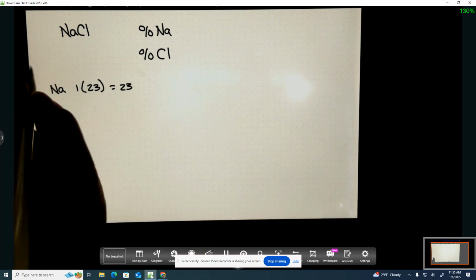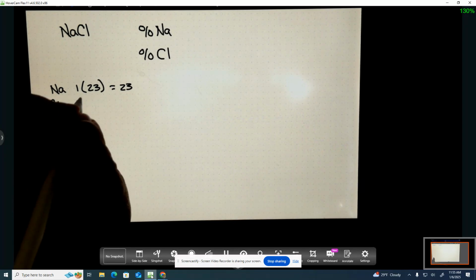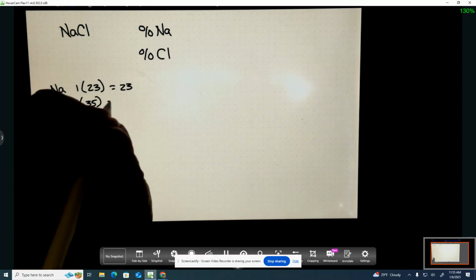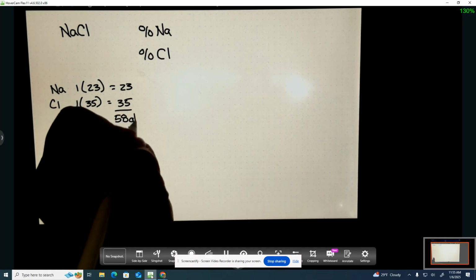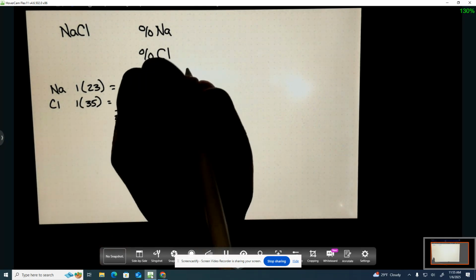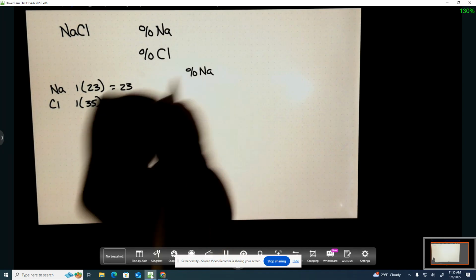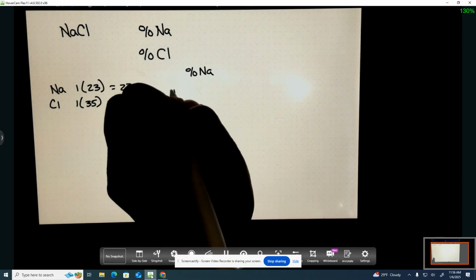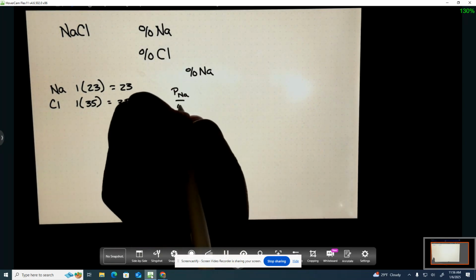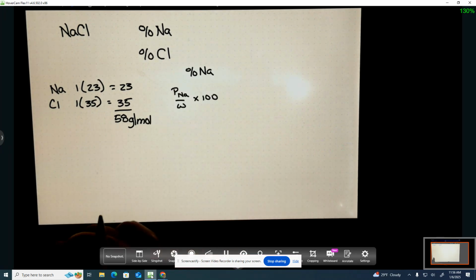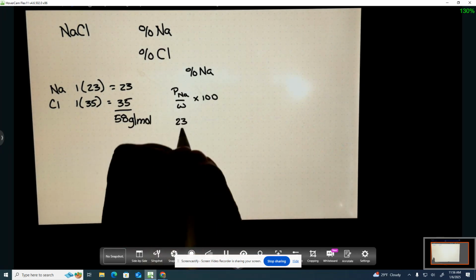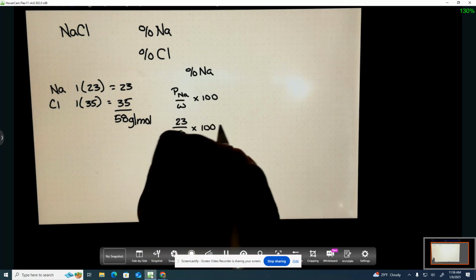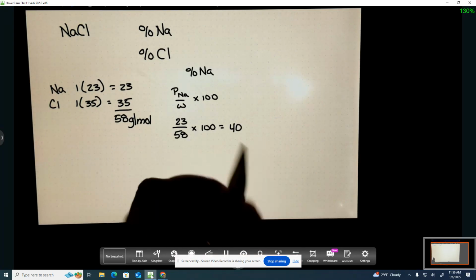Okay, so sodium chloride weighs 58 grams per mole. I'm going to do the percent that's sodium. That's the part that's sodium over the whole thing times 100. The part that's sodium was 23. The whole thing weighed 58. I multiply by 100 and get 40 point something percent.